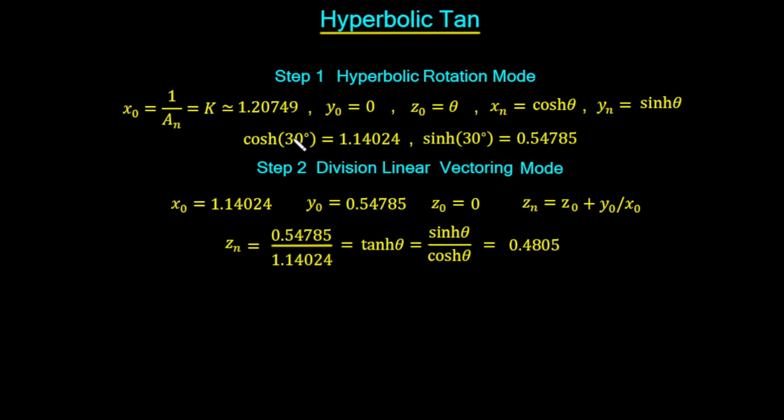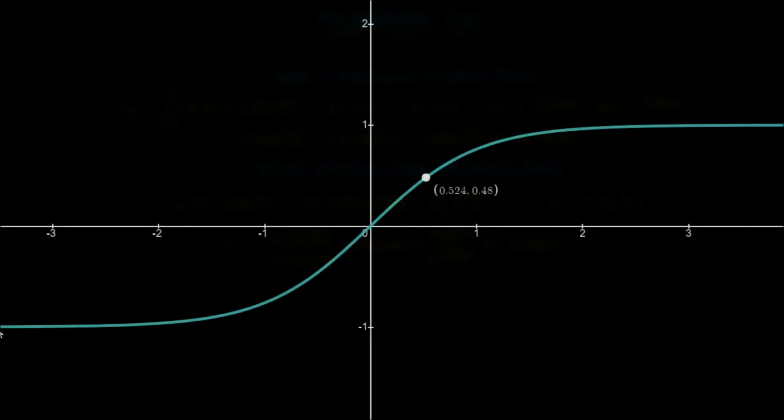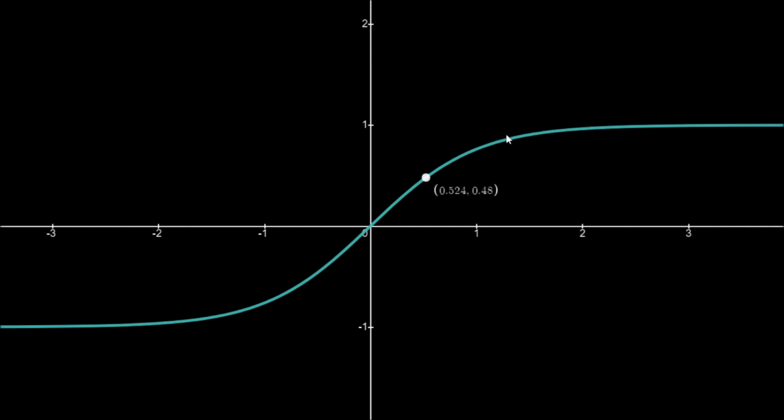and we'll see whether we get this answer for the tan of 30 degrees. So this is our tan function here. Now we can also write that as sin divided by cos, so I'll put that one in as well. So you can see sin divided by cos is just exactly the same. Now we're going to use 30 degrees, but we'll have to change the 30 degrees into radians.